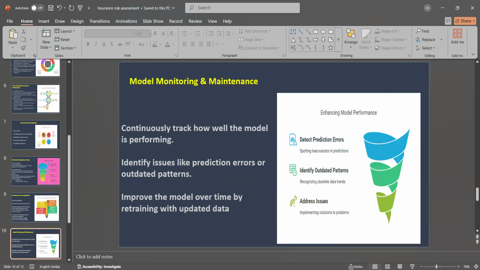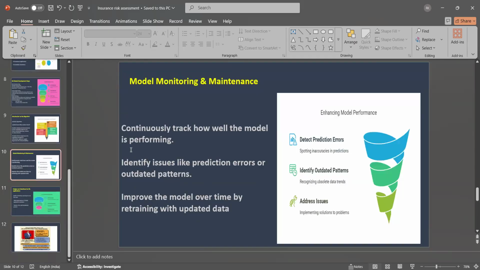Model monitoring and maintenance. Continuously track how well the model is performing. I'm tracking the model continuously, how the model is performing, and trying to identify issues like prediction errors and outdated patterns, meaning whether the old patterns are still being used or not, and improve the model over time, retraining with updated data.